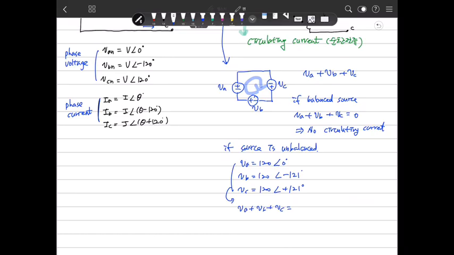The result is some kind of minus 3.76 plus j0.086. This is not 0. What's the meaning of that?